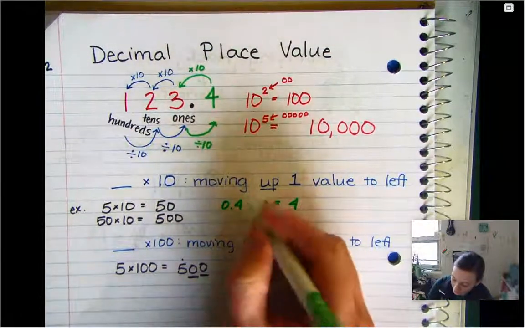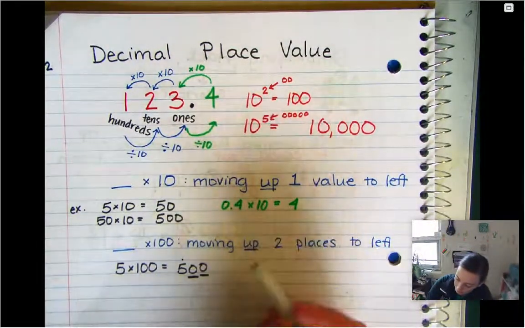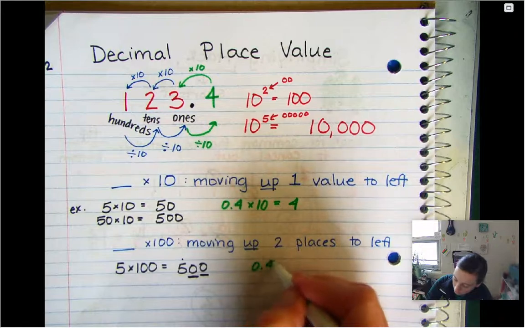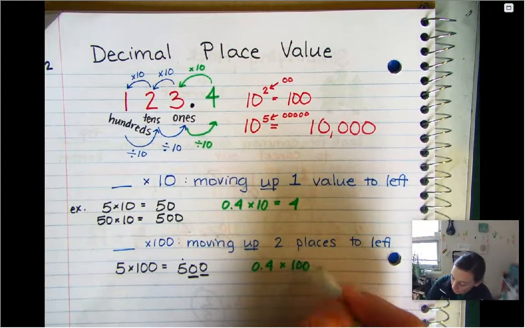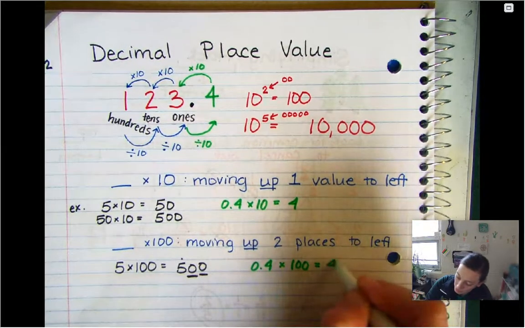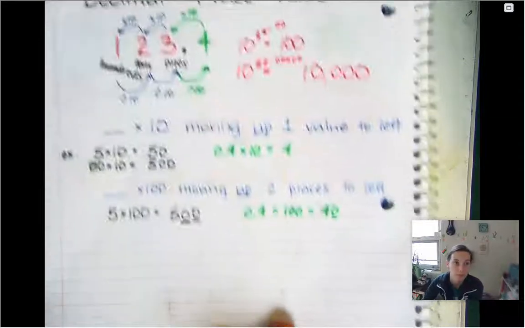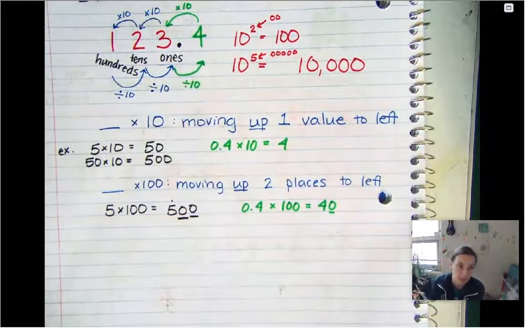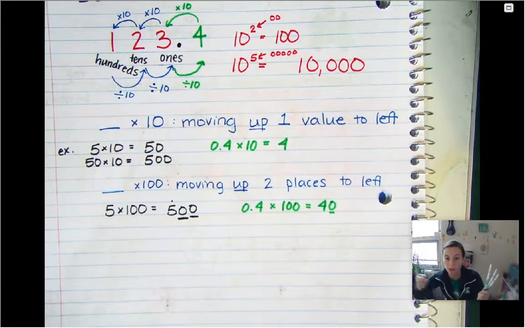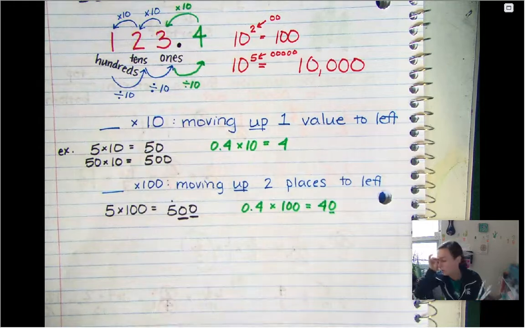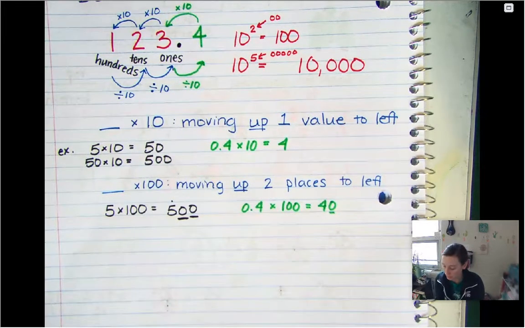Or if I have 0.4 times 100, it moves 2 places up. So instead of 4 ones, it's 4 in the tens. So the same system works. We're just stretching what we already knew about place value into decimals.